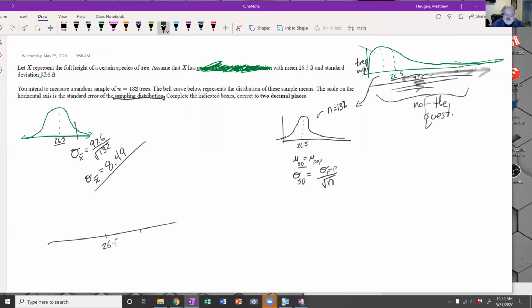The first standard deviation will be that 26.5 plus the 8.49. So what is that? About 35-ish. And down, 26.5 minus 8.49, which is going to be, what, about 18-ish? And give us a nice, tight sampling distribution.